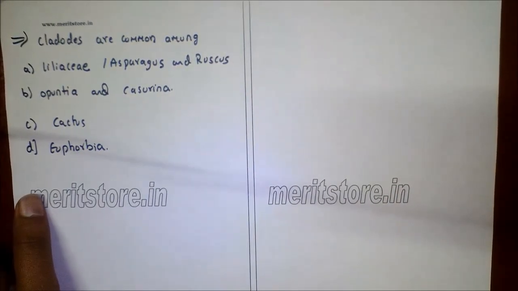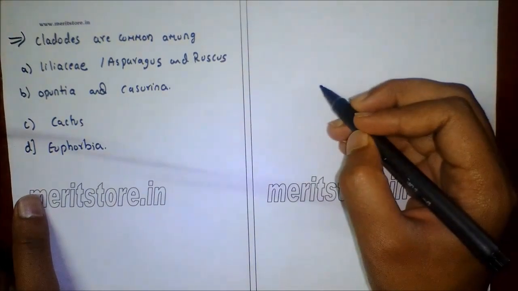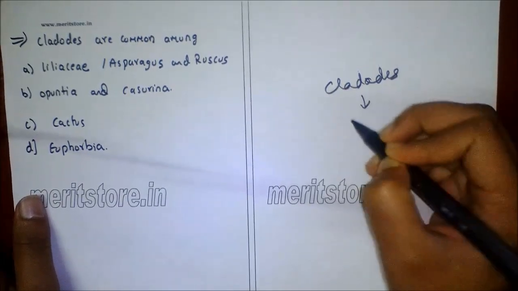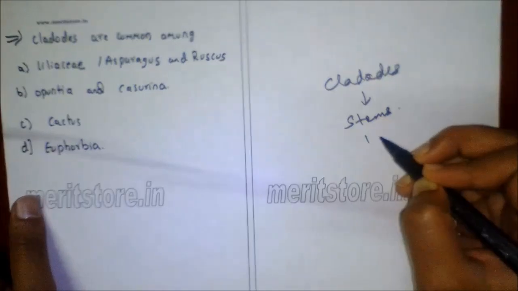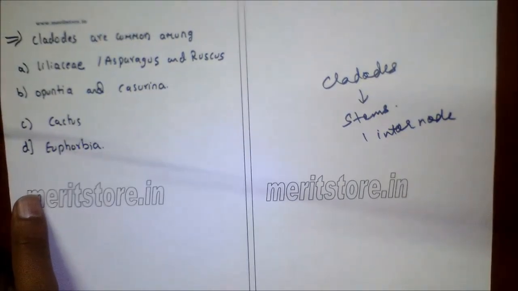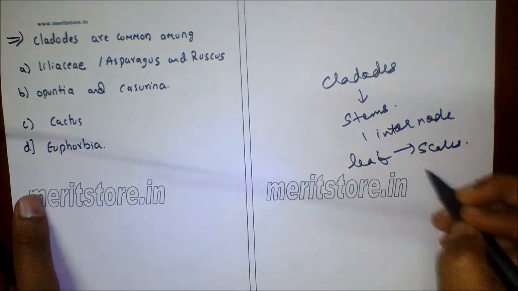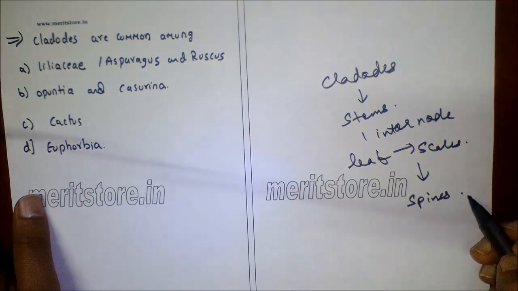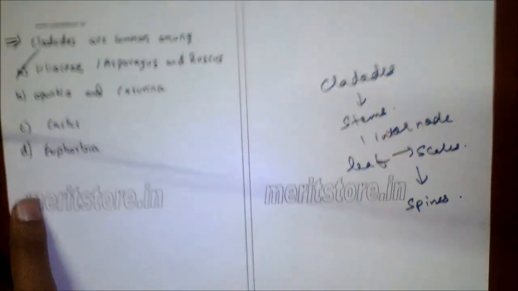So the cladodes or cladophylls are photosynthetic stems of limited growth, generally with one internode, with leaves reduced to scales or modified to spines, which is seen in Ruscus and asparagus. So option A is the correct answer.